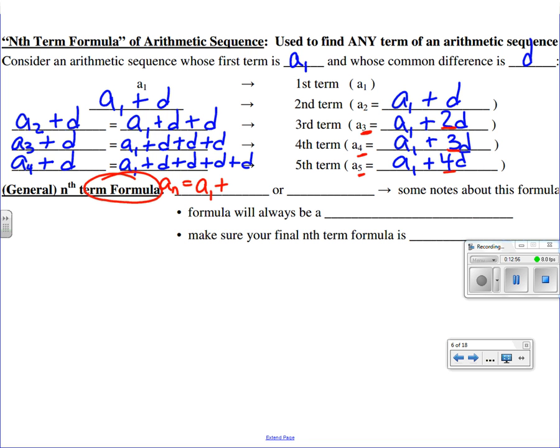Very good. The difference is 1. So I'm going to write it as n minus 1, and then I have to put a D at the end. Another way you could write that formula is A sub n equals A1 plus, you could put the D in front, which is actually what we'll do because it's easier, and then n minus 1.